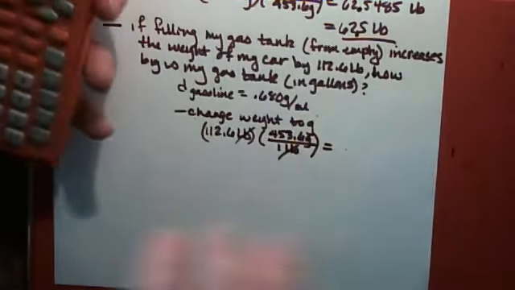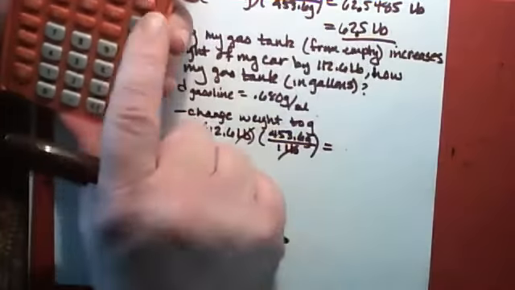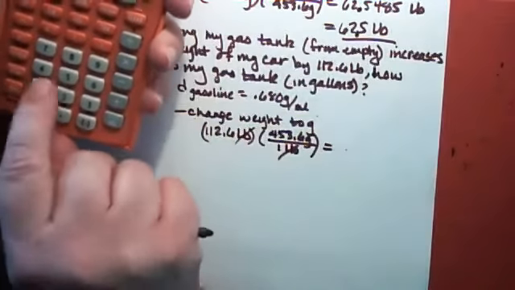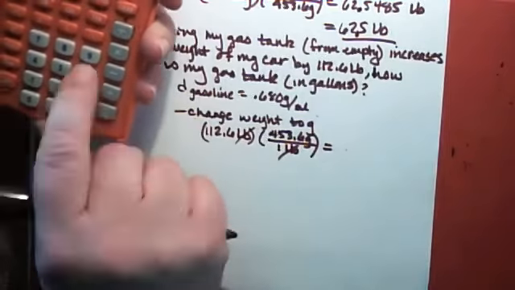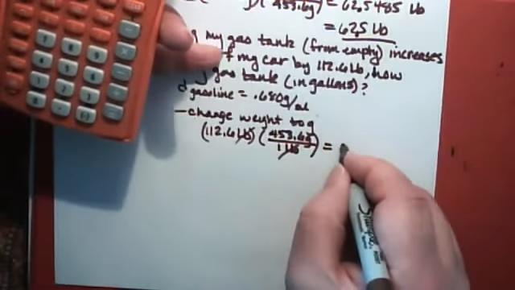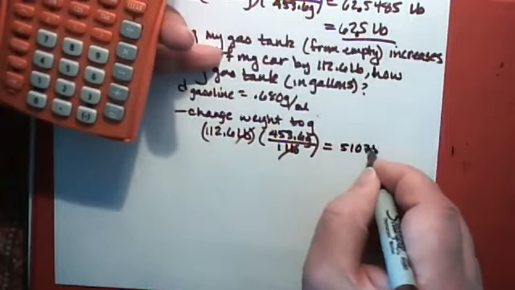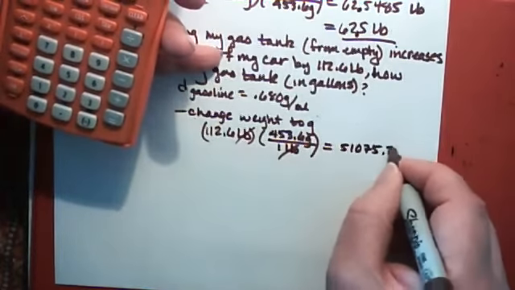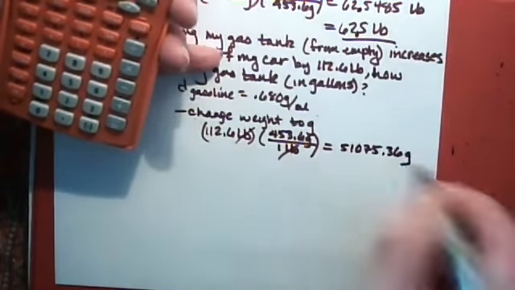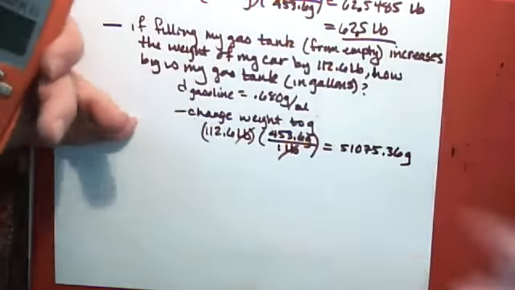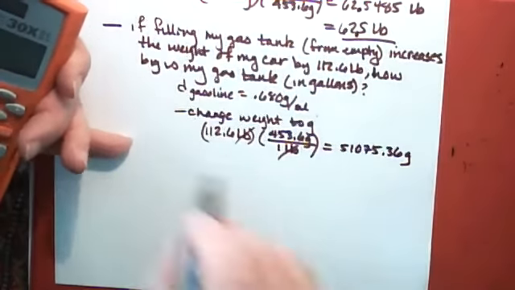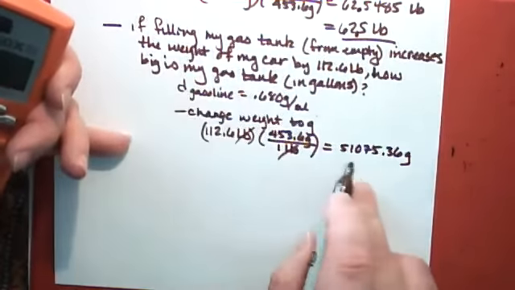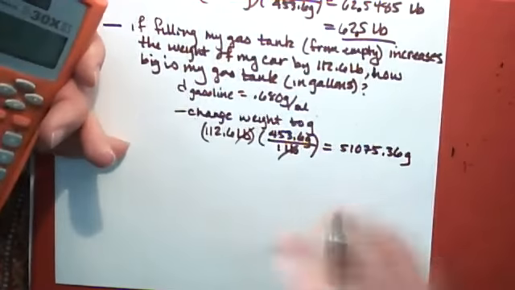Pounds will cancel, and we end up with 112.6 times 453.6, which is 51,075.36 grams. That's way beyond the significant figures we're going to be allowed to use in our answer, but this is an intermediate answer, not the final answer, so you might as well keep them.